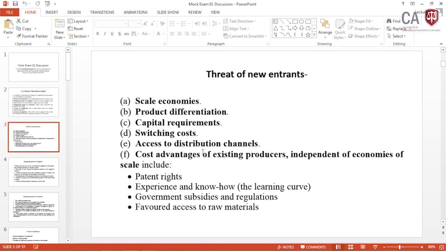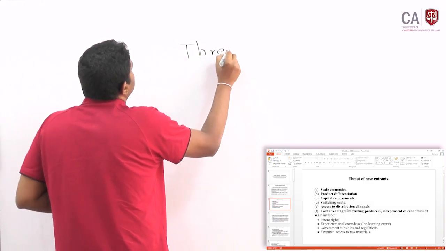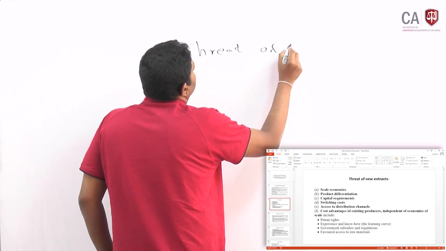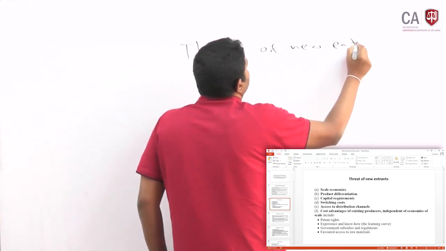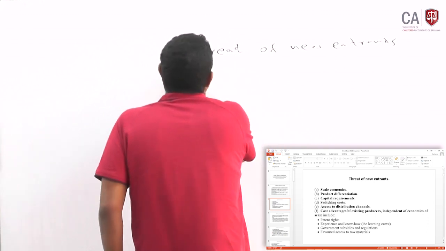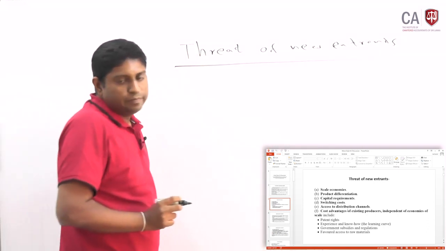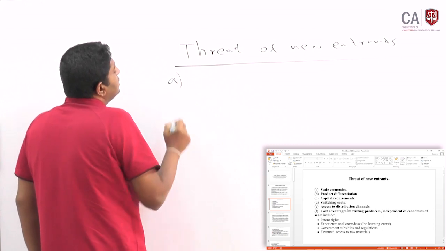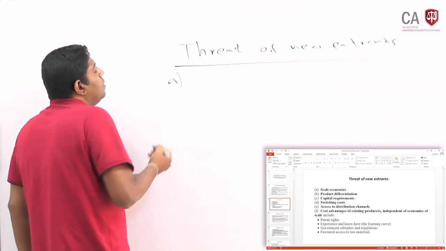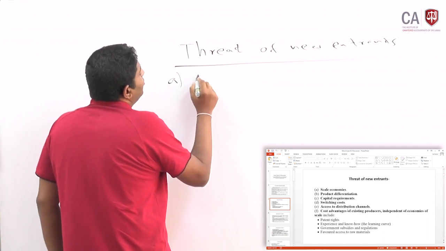So, if you analyze the threat of new entrants, we can assume existing players have economies of scale.